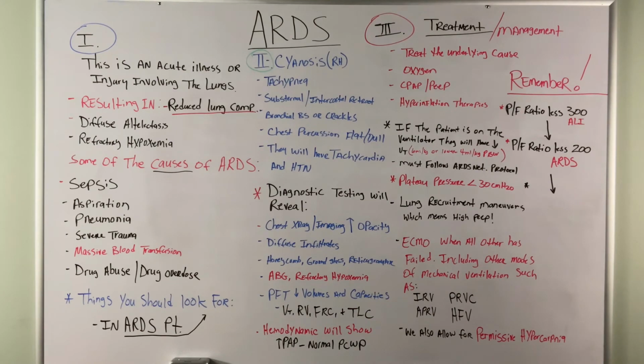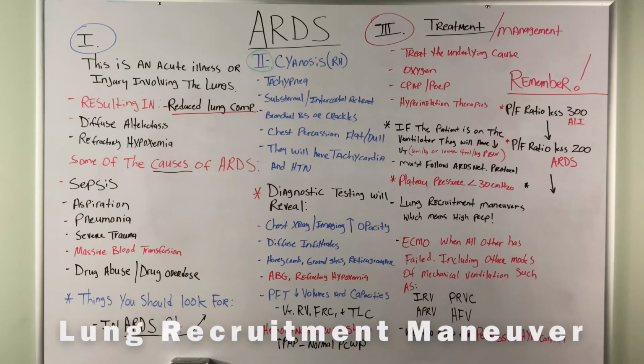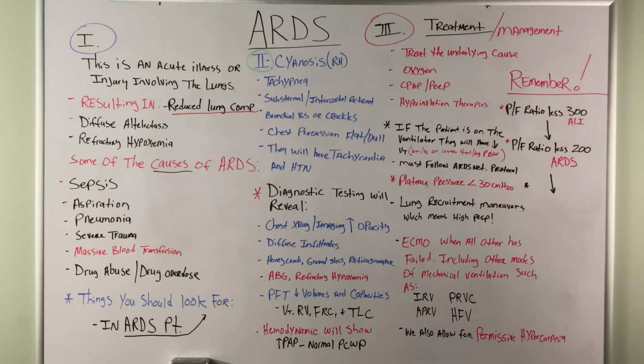Plateau pressure should be kept less than 30 centimeters of water pressure. Lung recruitment maneuvers, which simply means high PEEP or more PEEP than you and I are used to, okay?